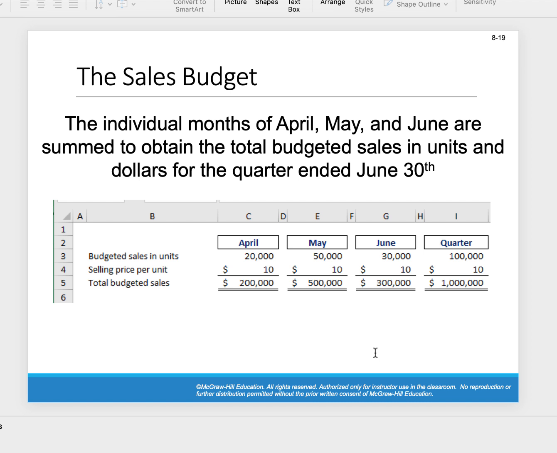That gives me my total budgeted sales in dollars. Very simple. Now that I have the number of units I need to create, as well as the total sales volume in dollars, I can go ahead and create my production budget, and I know exactly how much I need to produce each month.